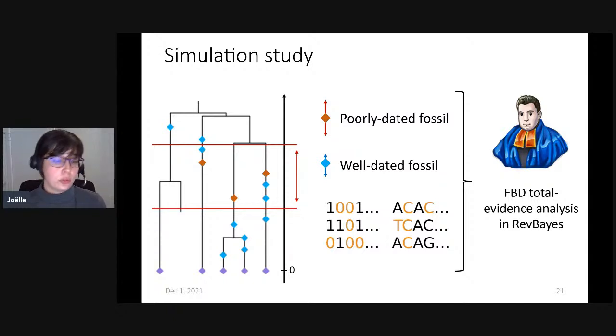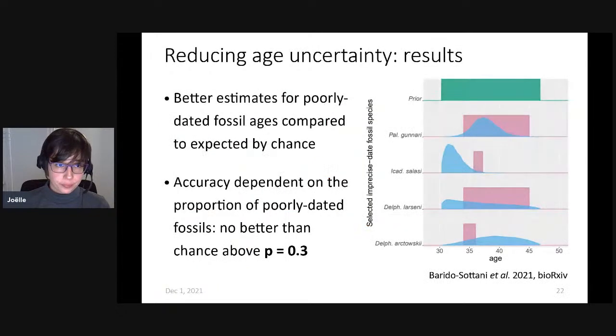And then some of the fossils, including the fossils that were outside of the poorly dated deposit, were well dated. So they still had an age range, but it was a much shorter age range, comparable to what we used in the previous study. And then we also simulated molecular and morphological alignments, and we did the analysis this time in RevBayes.